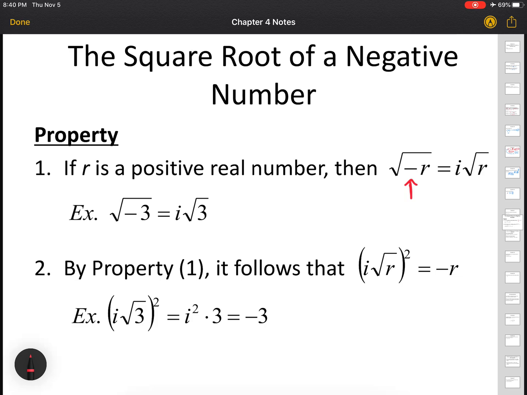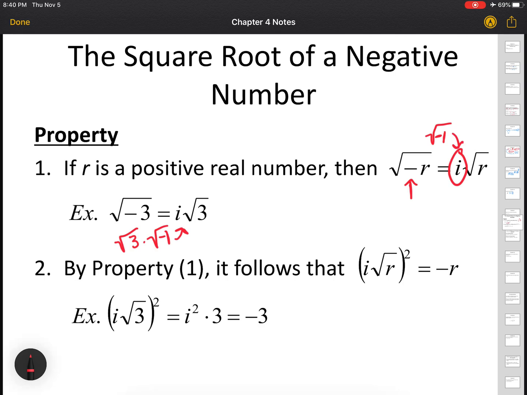We're basically pulling out the square root of -1 every time, and we're getting that i. So for example, if I have the square root of -3, I'm pulling out the square root of 3 times the square root of -1, and we know that square root of -1 is just i, and the square root of 3 cannot reduce down, so i square root of 3.